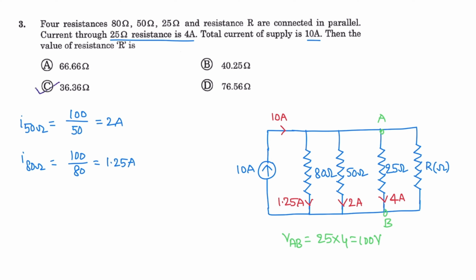Now apply KCL, Kirchhoff's current law, for this node: the sum of entering currents is equal to the sum of leaving currents.